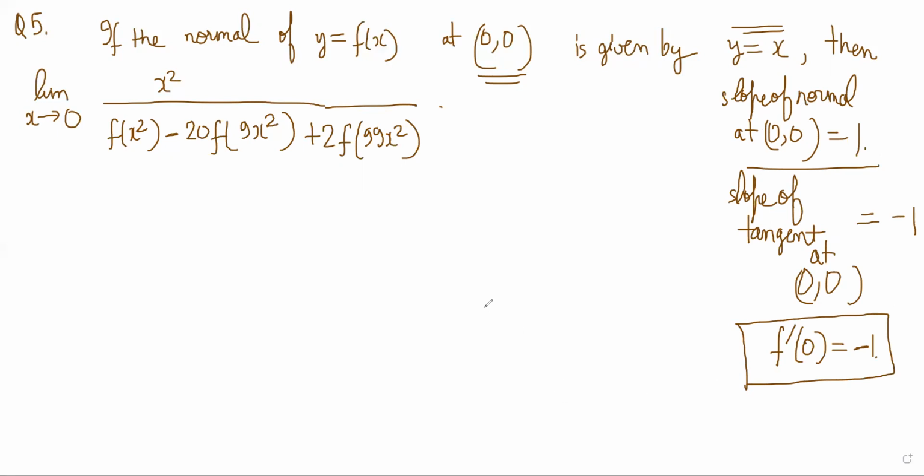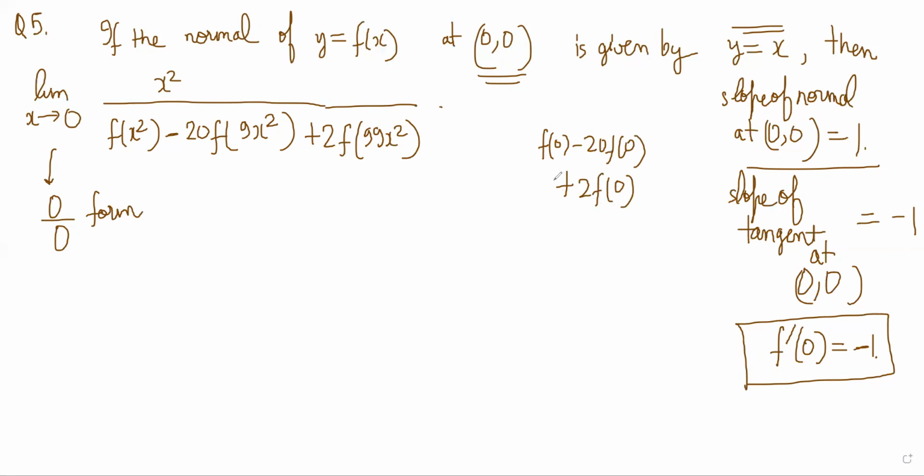Now, notice that this limit is in 0 by 0 form. Why is it in 0 by 0 form? You put 0, everything is that. F of 0 minus 20 f of 0 plus 2 f of 0, right?